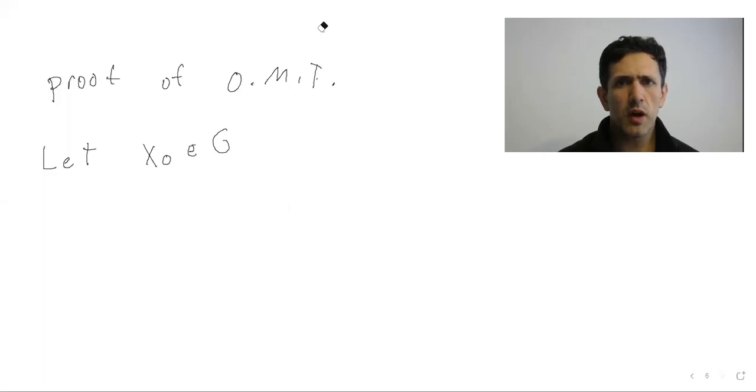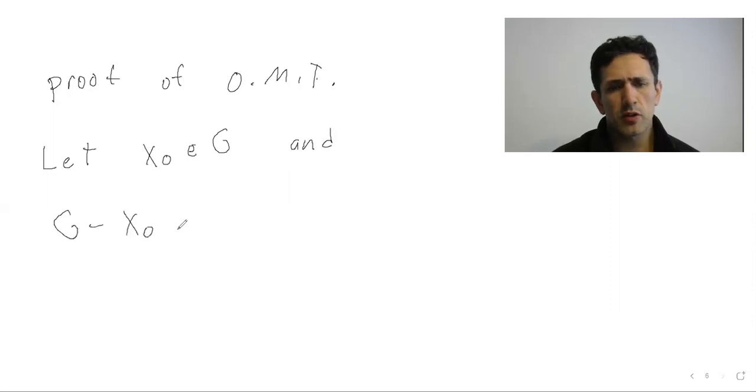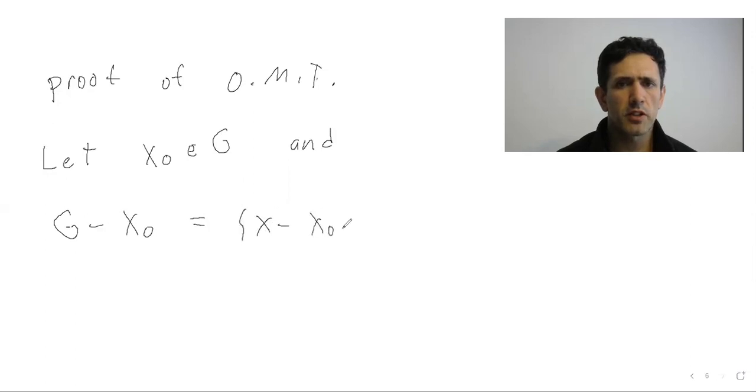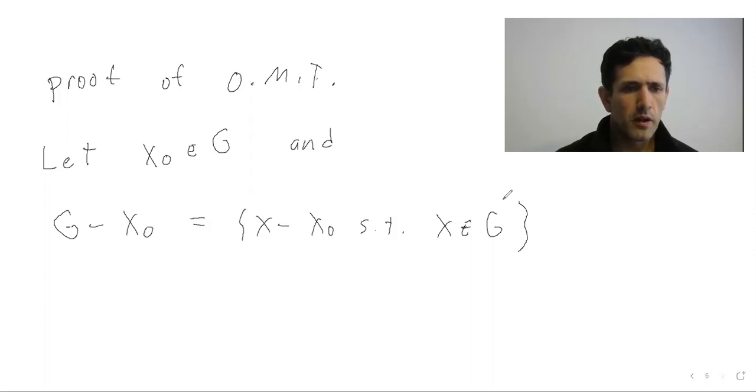All right, so this is going to be fairly easy using linearity. So let's consider G. We just got to basically translate. That's kind of what we're doing. Just translate things to the origin. Basically move G to the origin. What do I mean by that? Well, let's look at G minus x0, which is just all x minus x0, where x is in G. Okay, right.